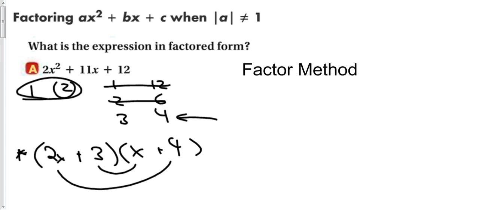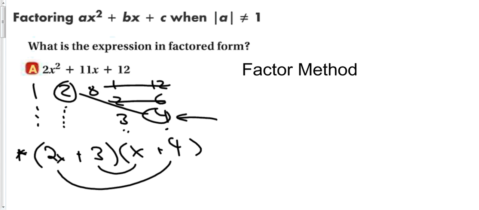So this is kind of like a guess and check method, trying all the different pairs of factors. And you can see that as we get more and more factors on each side, this becomes more and more difficult. Okay? And sometimes when I do this, you'll see that I make connections like this. Okay, 2 times 4 gives me an 8. 1 times 3 gives me a 3. 8 and 3 give me my 11.